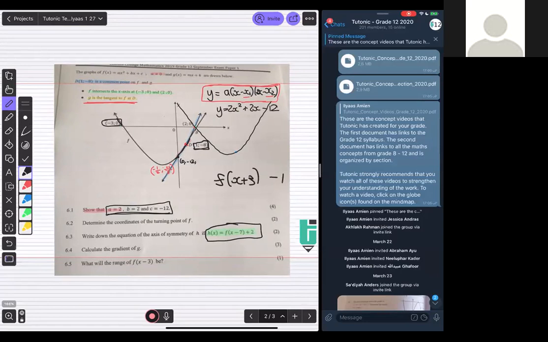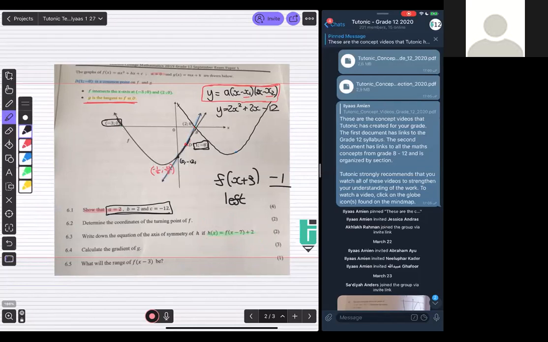It's shifting 3 to the left, and 1 down, right? So you see, guys, this is just maths, but you must translate it to English. That's why you have to see maths as a language, because if you don't, you can't translate.